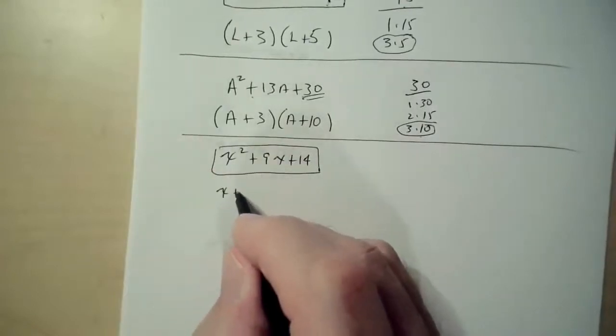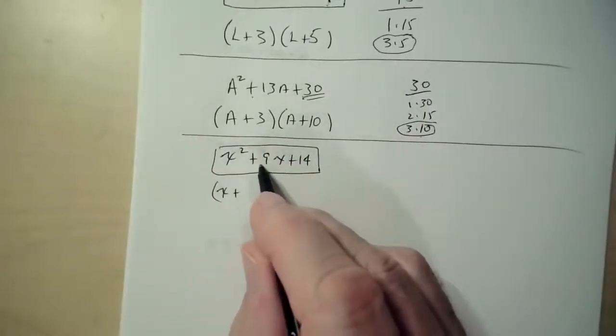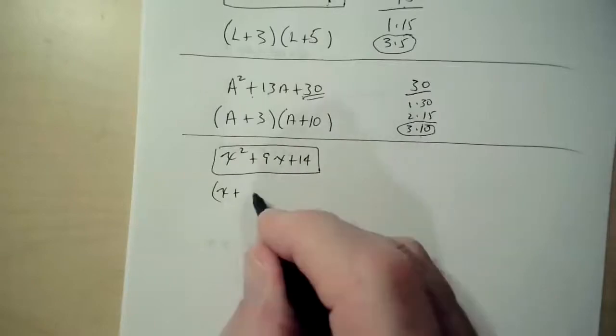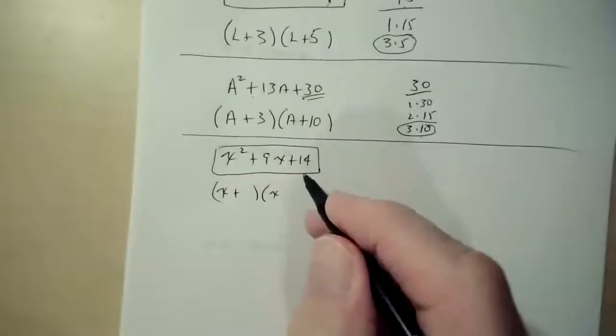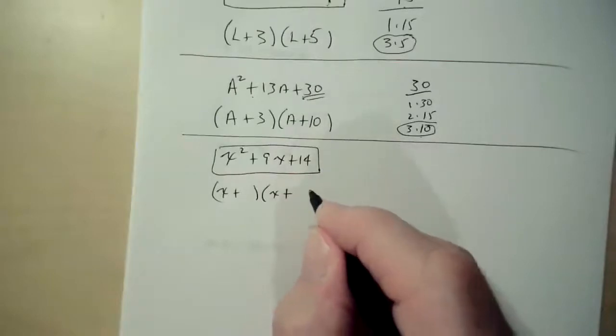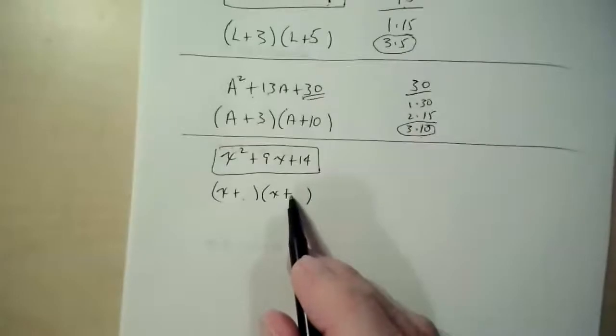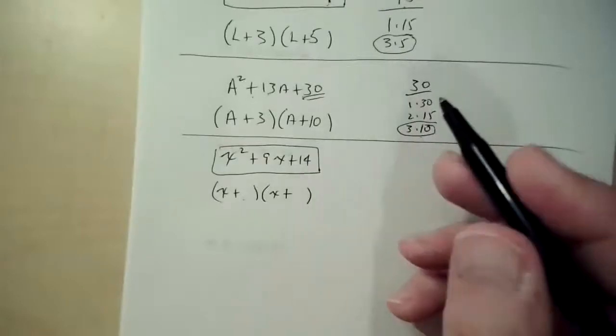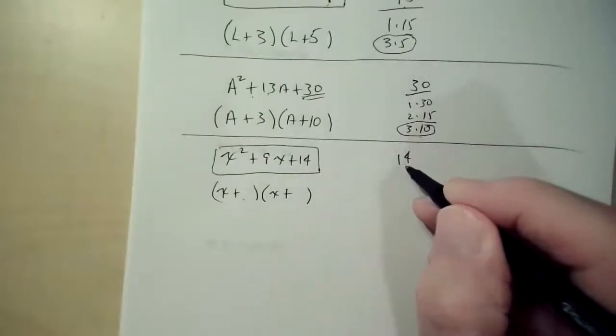Now, what are the factors going to look like? Because everything in here is positive, it's going to be plus and plus. Good. Both of these terms here are going to be positive.